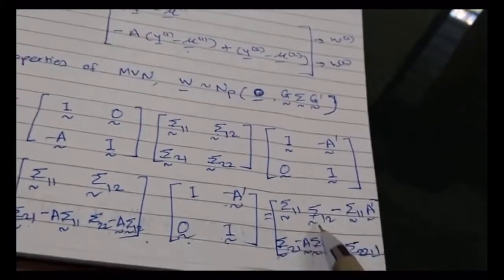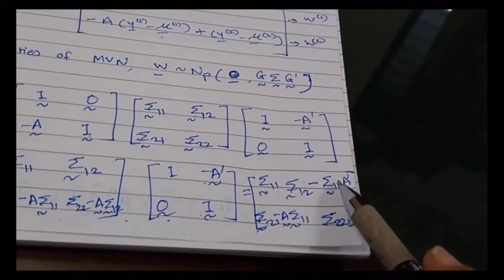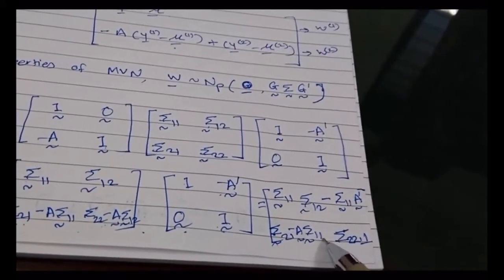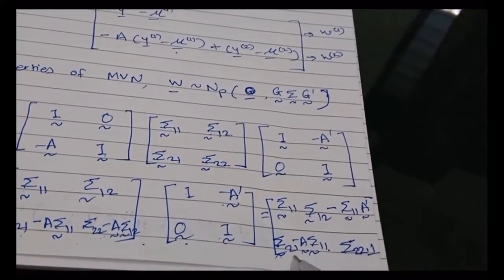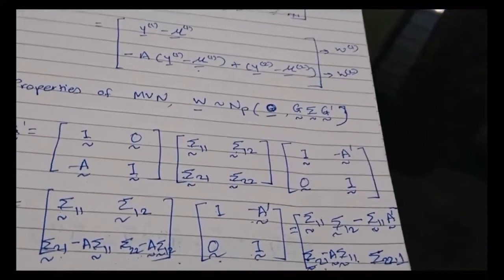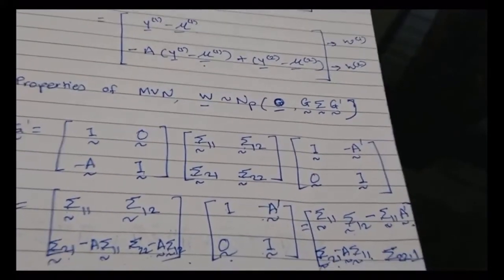Now, right now I know that for the covariance term, we can just check whether this is a variance covariance matrix. So this sigma 12 minus sigma 11 A prime, if I take the transpose of this, it becomes sigma 21 minus A sigma 11, because sigma 11 is symmetric. So this is the transpose of this. So that property of a covariance matrix is satisfied. Ideally, if suppose this were to become 0, then my life is easy.